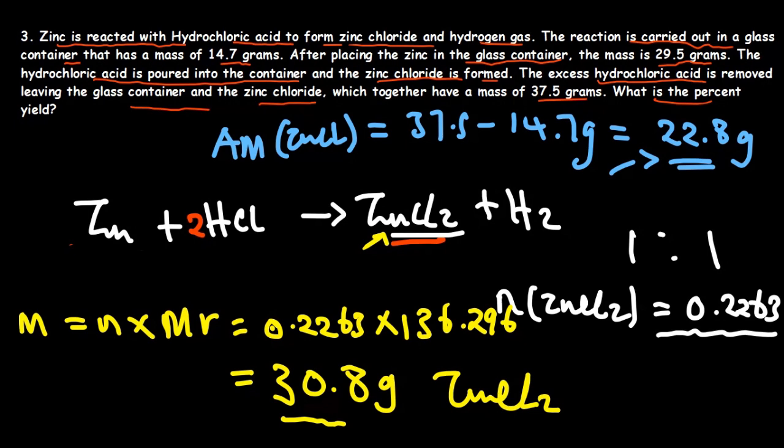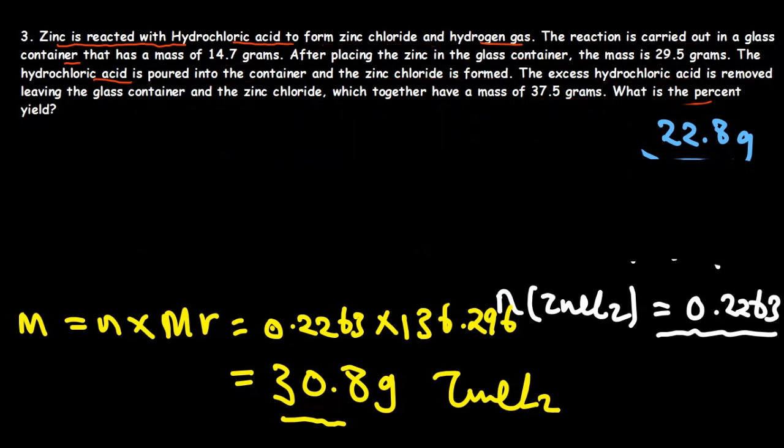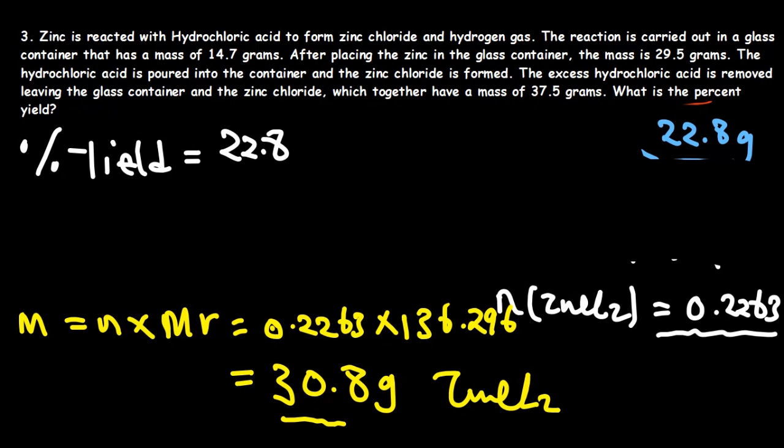So for us now to find the percentage yield, we just simply put these values into the equation. Okay, so we're going to say percentage yield is equal to 22.8, which was our actual zinc chloride that was produced, divided by 30.8, which is our theoretical, and then we multiply by 100.